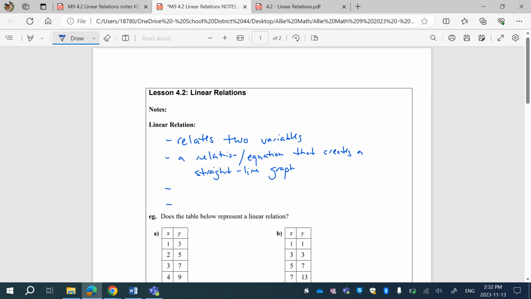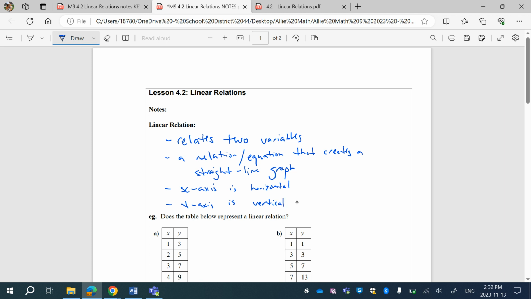And two more things I want you to write down is that the x-axis is horizontal and the y-axis is vertical.